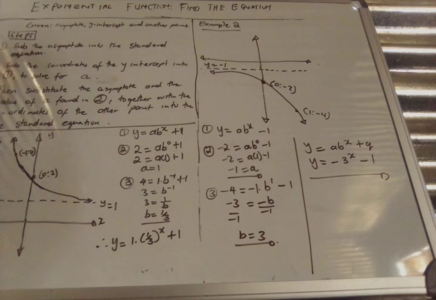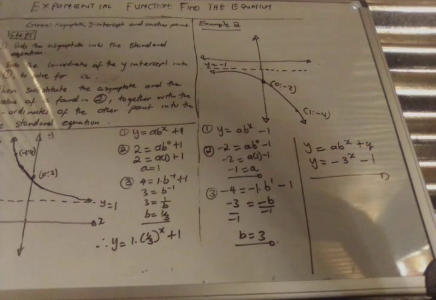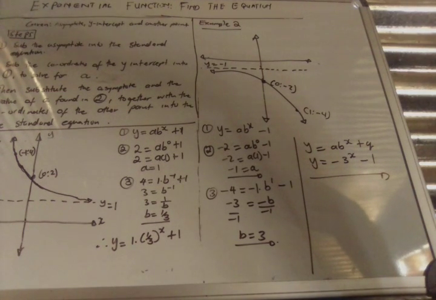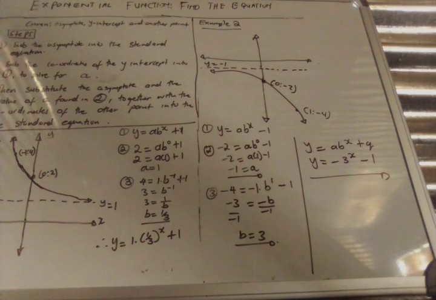Let's look at a second example. We have a function again, with an asymptote at y equals -1, and this function has a y-intercept at y equals -2, and there's also another point on the graph, 1 and -4. How are we going to find the equation?